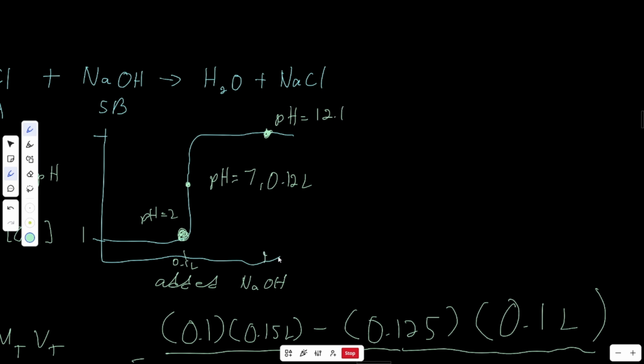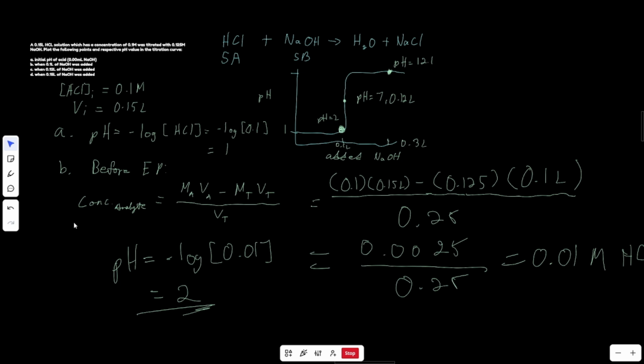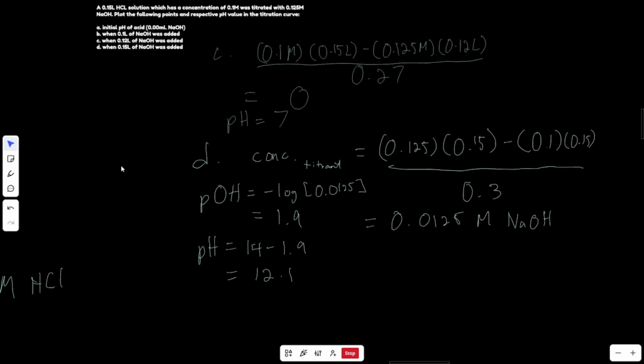And this is at 0.3 liters. And that's it. That's how you plot the points of a titration curve. That's how you solve. So again, we have this formula here before the equivalence point, and we have this version, just the flip version, when we're past the equivalence point.